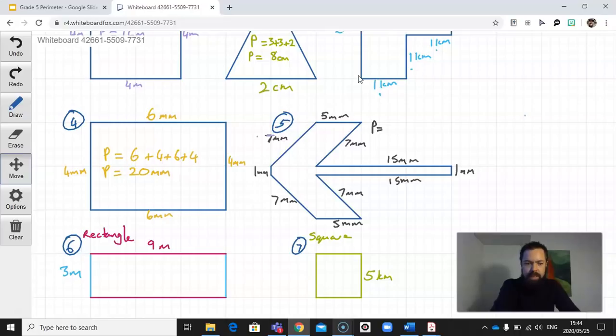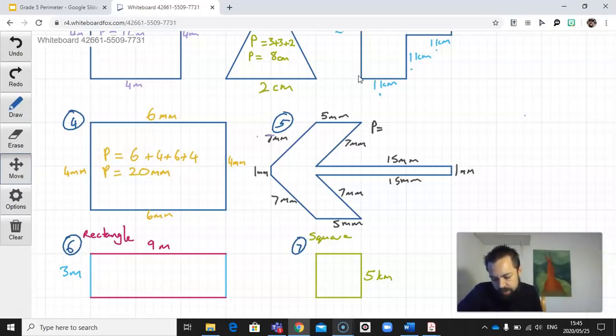I'll give you about another 20 seconds. Okay, if you like more time, just pause. I know that if you were writing it all out, it might have taken long. You can see I'm doing it outside of my shape because it's not going to fit in.